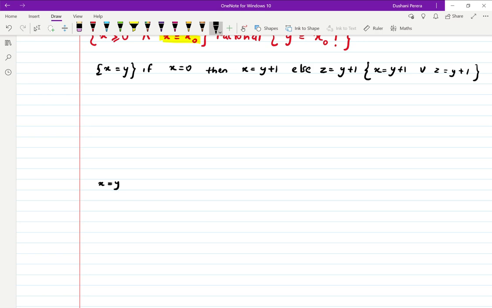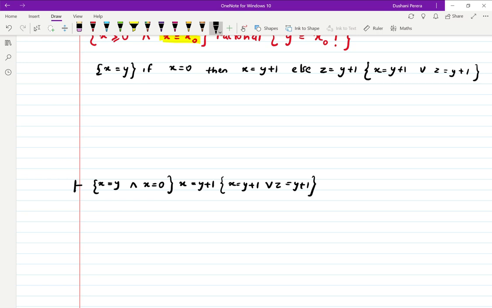So we have x equals y, P and C. Then we need S. What is S? X equals y plus 1. And then we need Q.